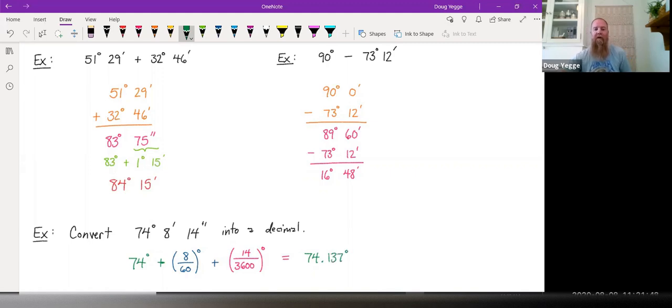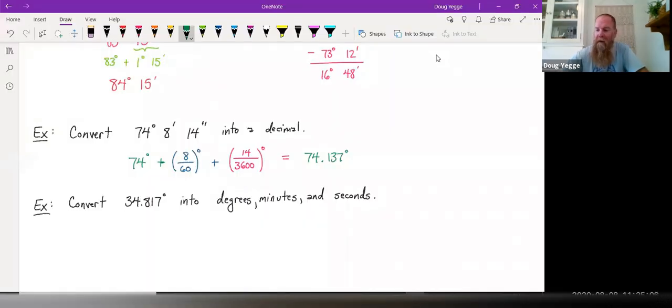And so essentially all we're doing is converting this into a fractional form of a degree based on how many minutes and seconds there are in a degree, and converting that into a decimal. Now going in the opposite direction is a little trickier, but let's try to now convert decimal degrees into degrees, minutes, and seconds.